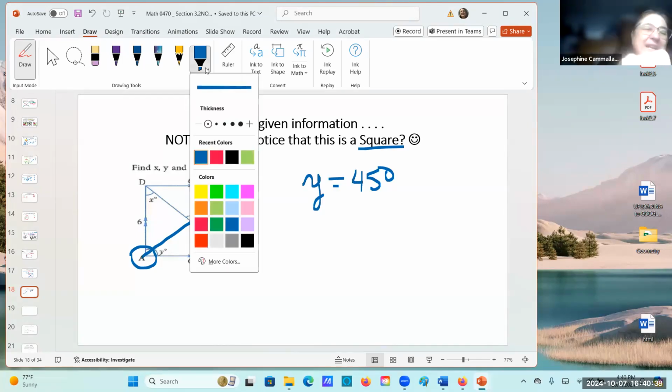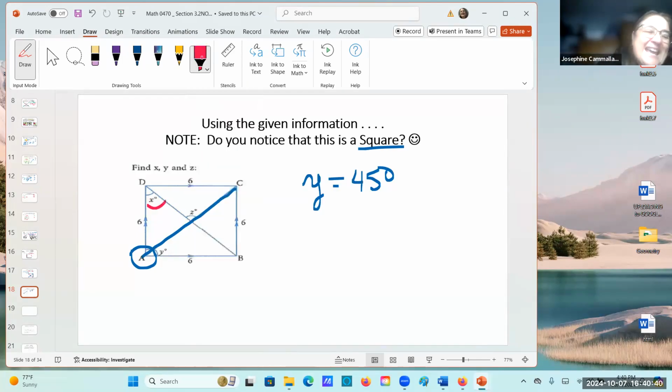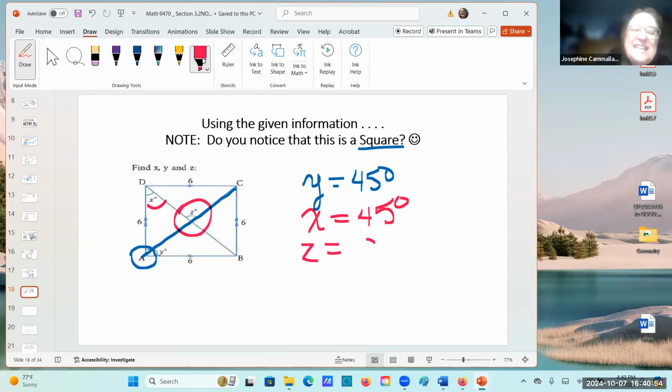But also, x is 45 degrees. And don't forget, z is 90 degrees.